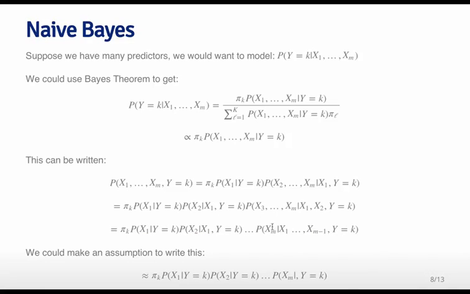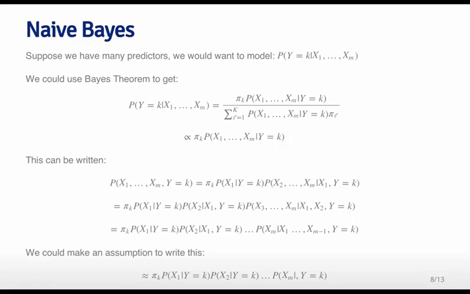But one assumption you could make to make this quite a bit easier would be to just assume that all of the predictor variables are independent of each other, in which case they drop out of this conditioning argument, and you end up with the prior probability times the probability of each feature by itself conditional on being in each class. Now this is a kind of naive assumption, because we're assuming that all of the features are independent, even though we know they're probably not, and that's why this method has the title Naive Bayes.